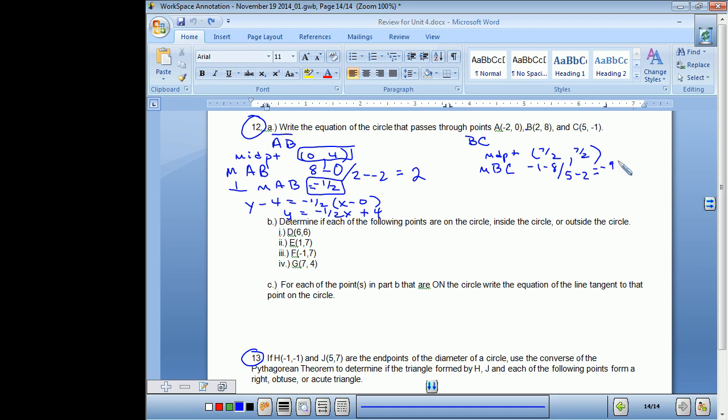I get negative 9 over 3, which is negative 3. So a line that is perpendicular to that would have a slope that is positive 1/3. So now we have a slope and we have a point, so we have an equation, y minus the y value equals the slope I just found times x minus the x value.